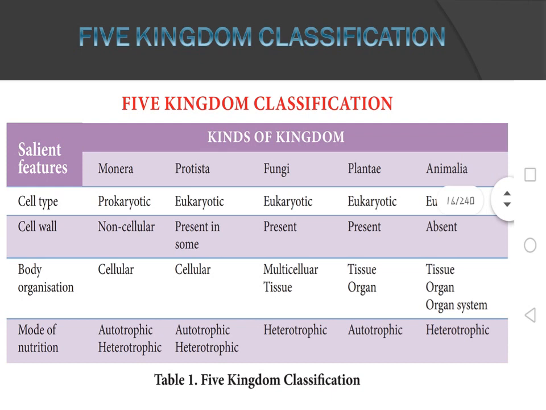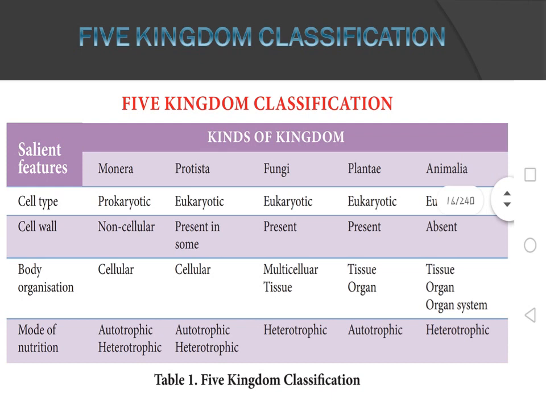Meanwhile, R.H. Whittaker is classifying the whole organisms into five kingdoms, right? You may know very well the five kingdoms are Monera, Protista, Fungi, Plantae, Animalia, right? These are the five kingdoms. So there he has classified as three, but here Whittaker is classifying as five, right?